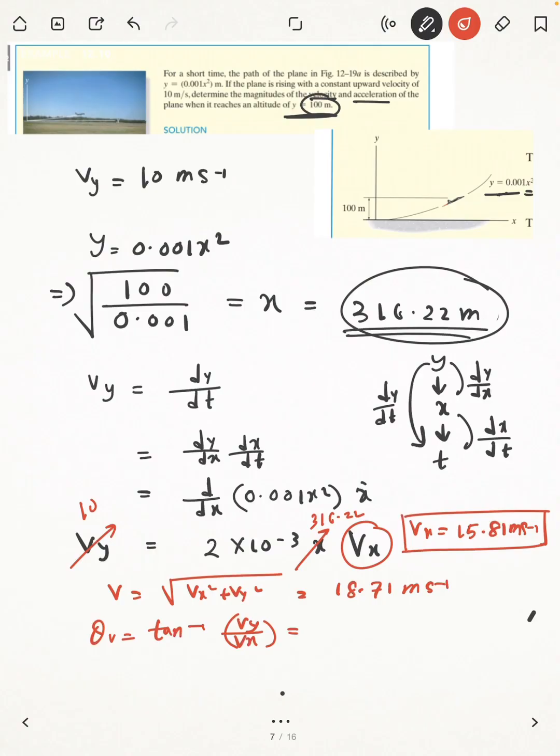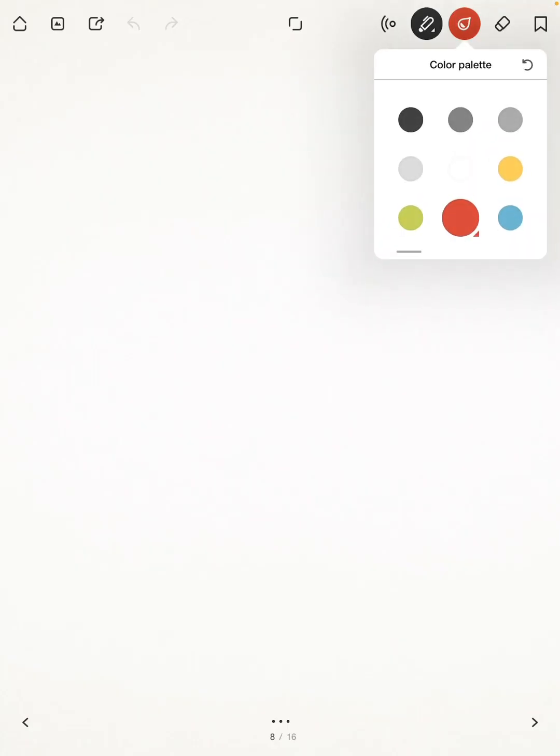If you do this calculation, you're going to end up with 57.69 degrees. Okay, so our velocity term is done. Now we have to find the acceleration. So how can I find acceleration?